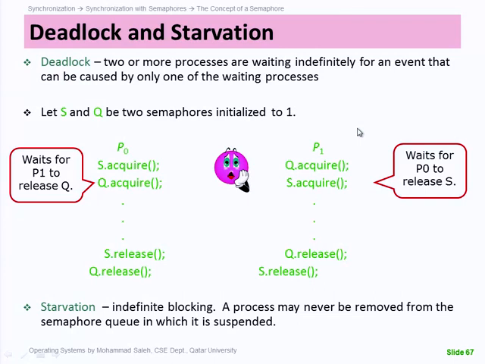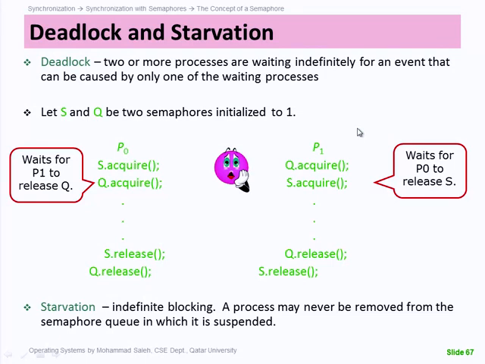After that, we had a context switch. Let's follow this scenario. After P0 acquiring resource S, we have a context switch. Now P1 is running, and the logic of P1 says acquire resource Q. So resource Q is available, and it is allocated to process 1.